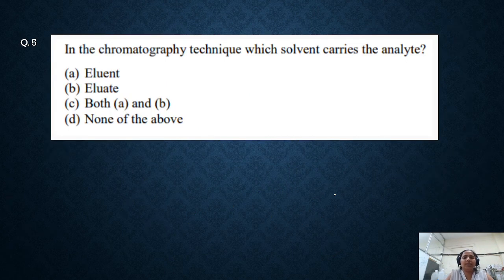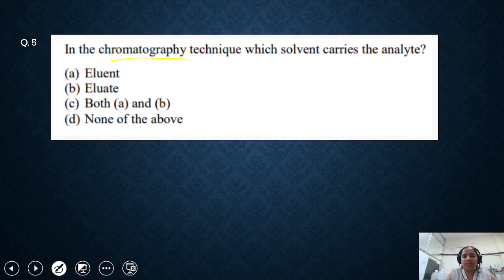Okay. This is our next question. In the chromatography technique, which solvent carries the analyte? So options are A, eluent, B, eluate, C, both A and B, and D, none of the above. So what is chromatography?